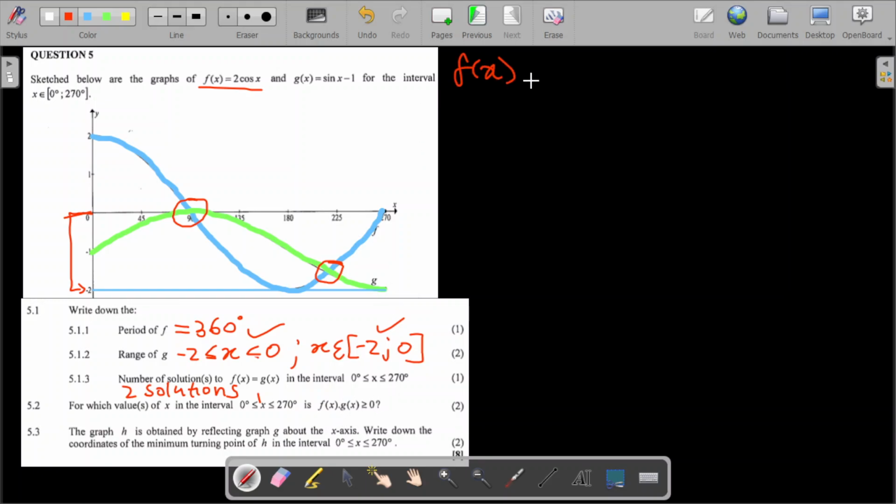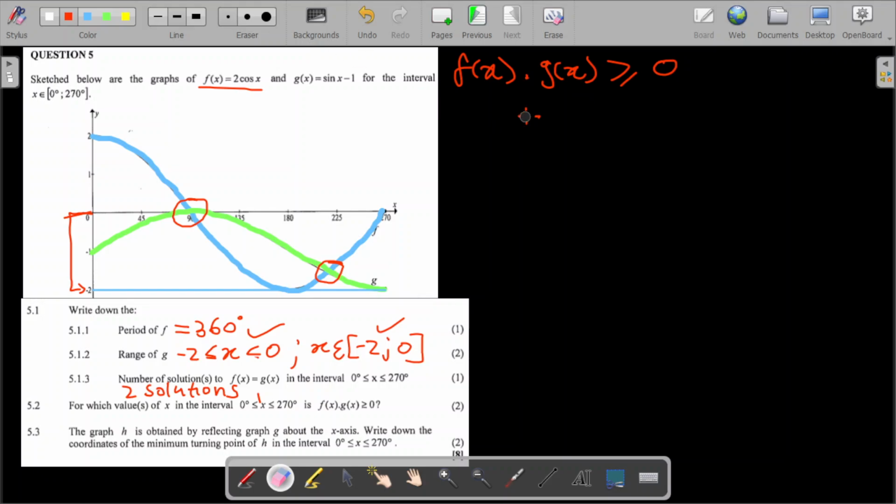Now, going to 5.2, for which values of x in the interval 0 to 270 is f(x) times g(x) greater than or equal to 0? First thing, if this needs to be greater than 0, this needs to be positive. So the product of these two needs to be positive. How can this product become greater than 0?